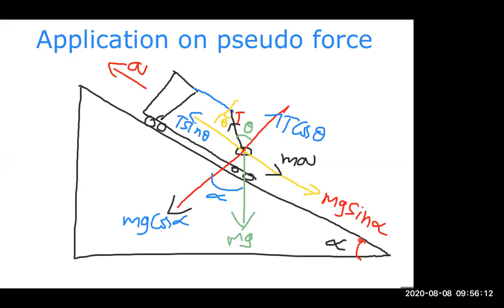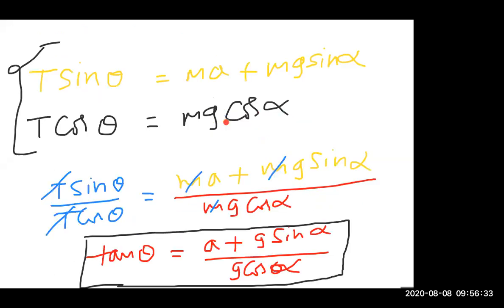The angle made with respect to the slope of the inclined plane, that is called the inclination angle. And how theta and alpha are related: finally we got the expression tan theta is equal to A plus g sin alpha by g cos alpha.